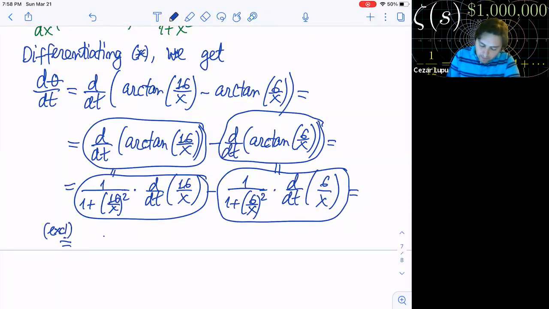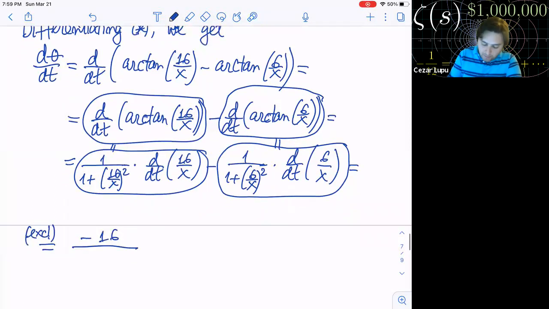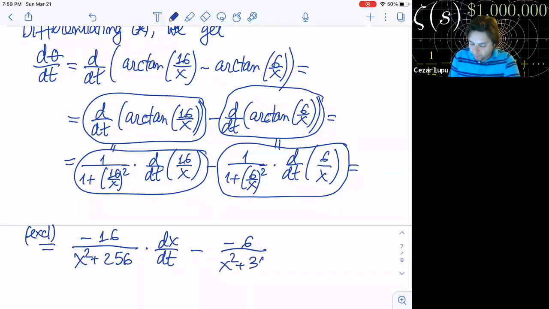So it will be negative 16 over x squared plus 256 times dx over dt, minus negative 6 over x squared plus 36 times dx over dt.